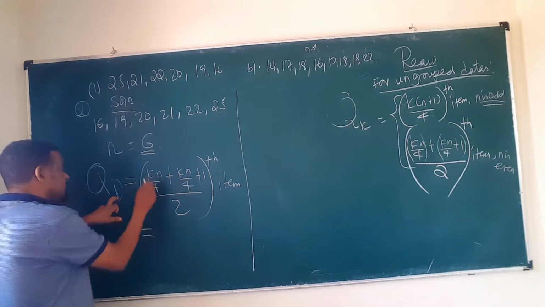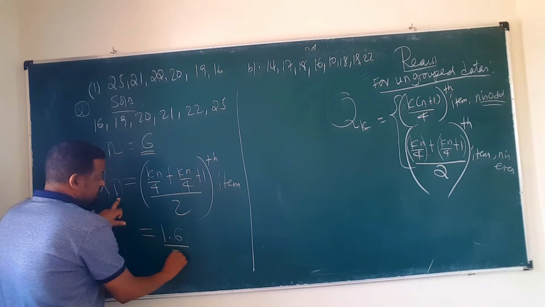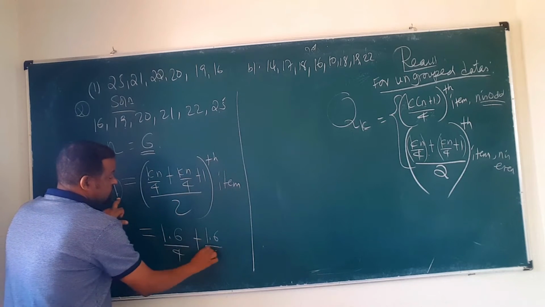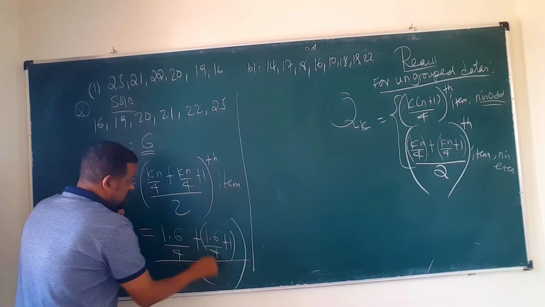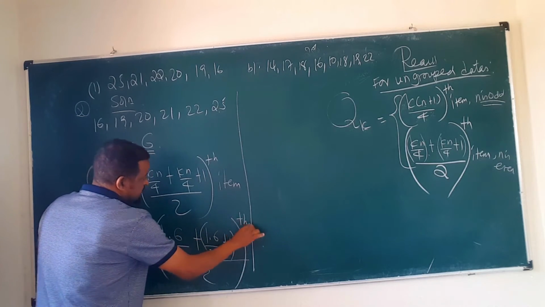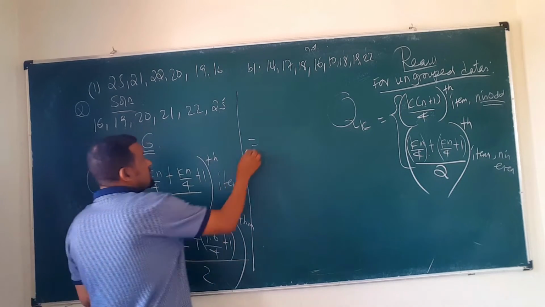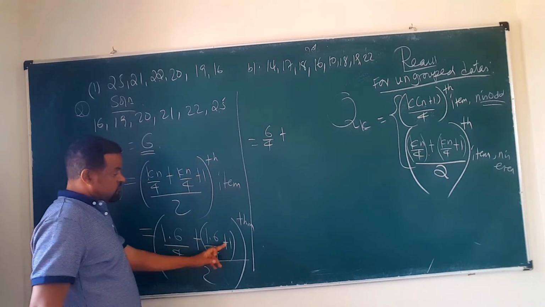So k is 1, therefore 1 times n, which is 6, over 4 plus 1, then finally over 2, that item. So 1 times 6 over 4 is 6 over 4, plus 1.